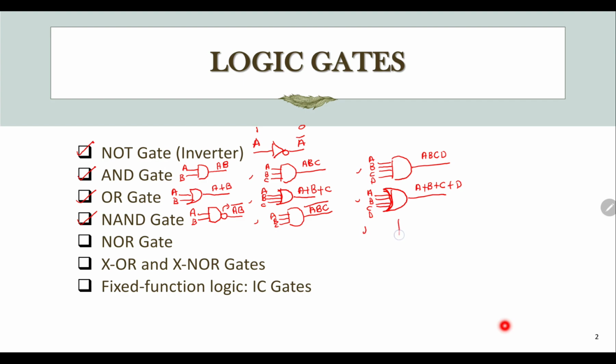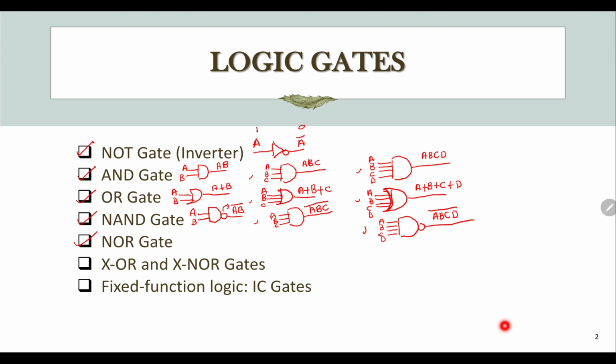For the NAND gate with 4 inputs, A, B, C, D, and a bubble, you get A times B times C times D, bar.